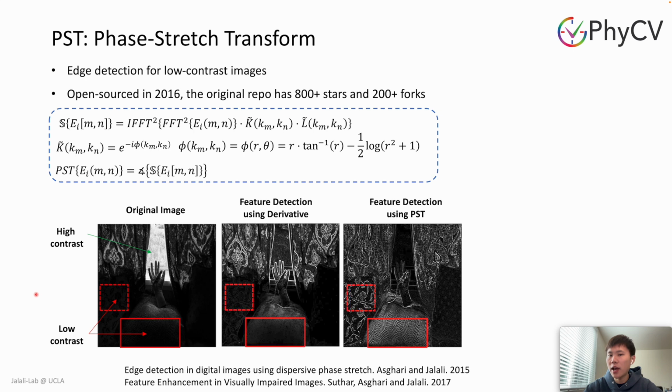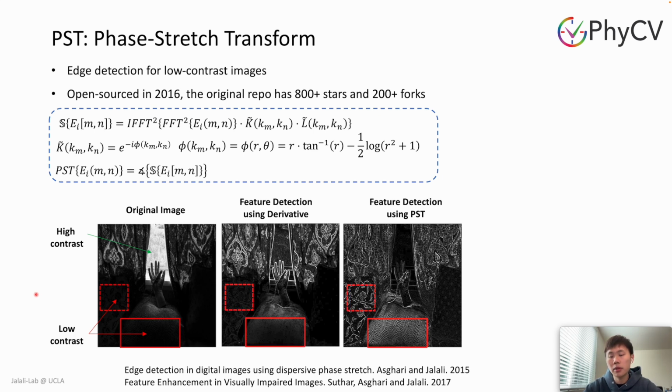By detecting the phase of the output, PST extracts the edge information. The edges can be further enhanced by applying thresholding and morphological operation. In general, PST is a computationally efficient edge and texture detection algorithm with exceptional performance in visually impaired images.